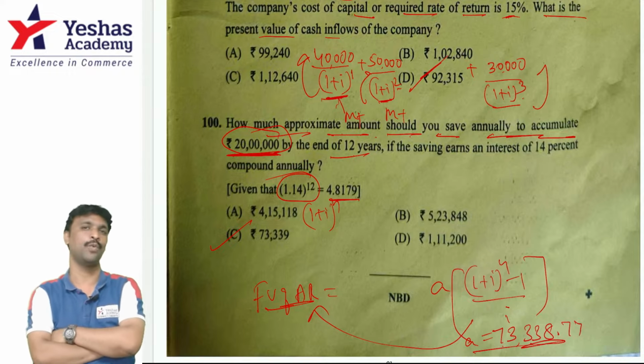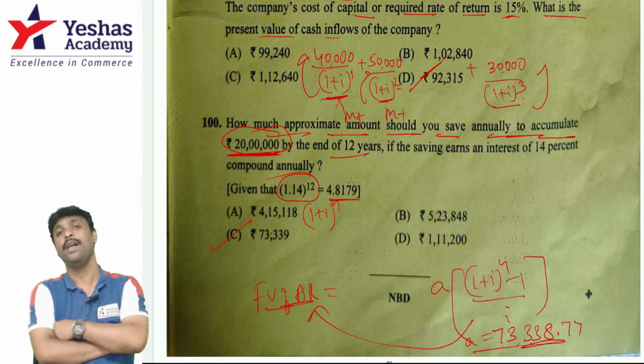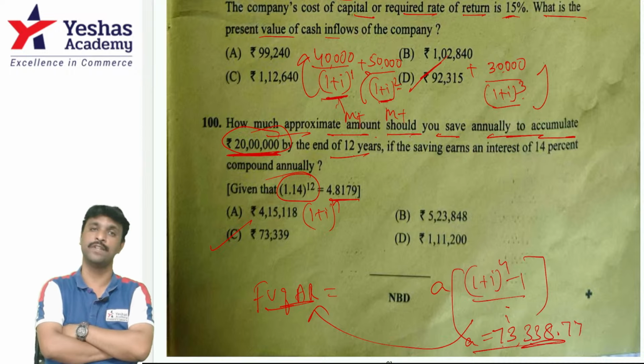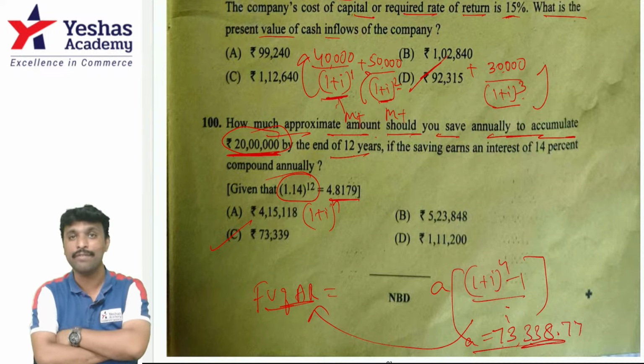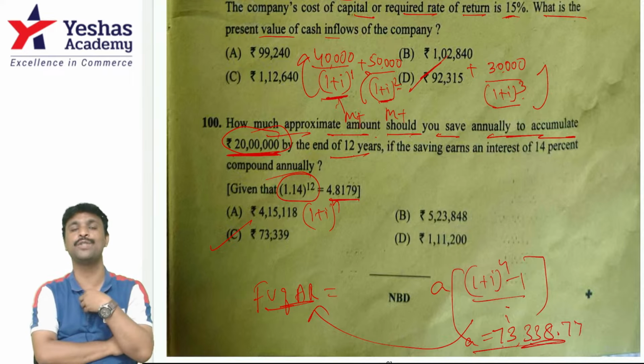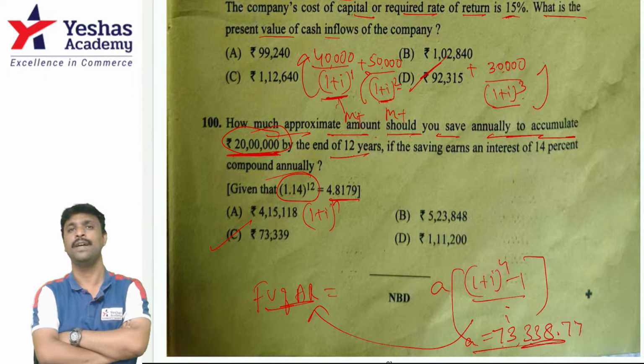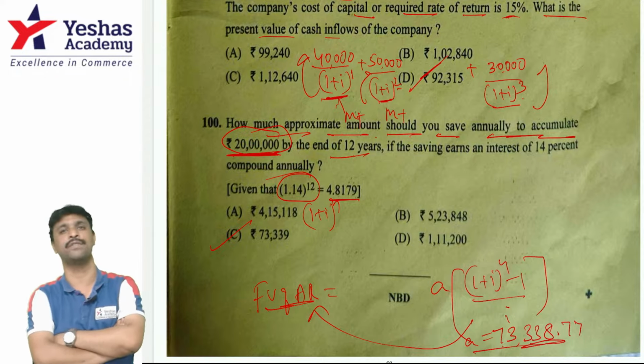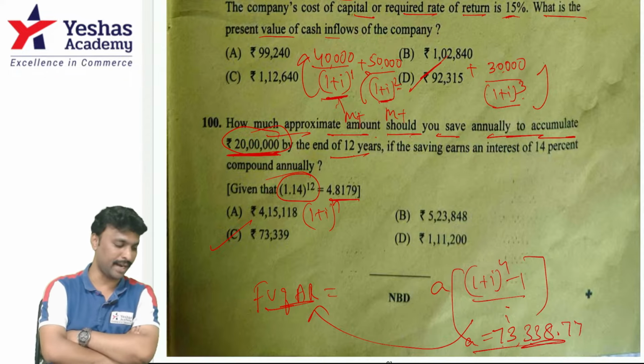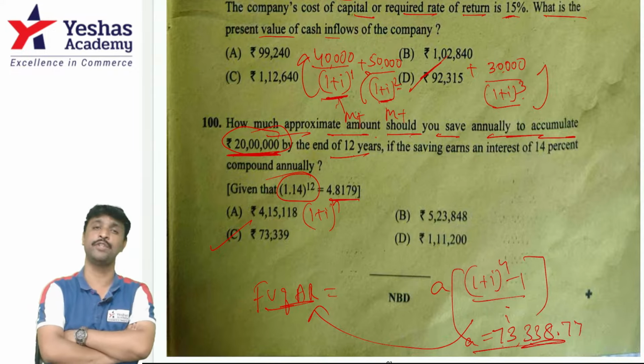Then solve whatever questions you want thereafter, but make sure you solve those 50-60 questions in the first 1 hour. That is possible only when you mark those easier questions in the first 3-4 or maximum 5 minutes of time.